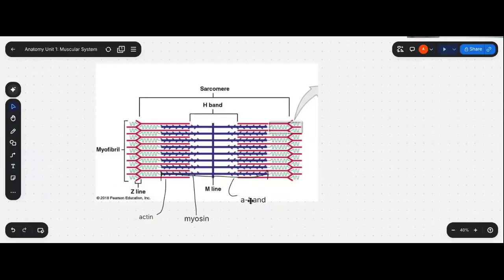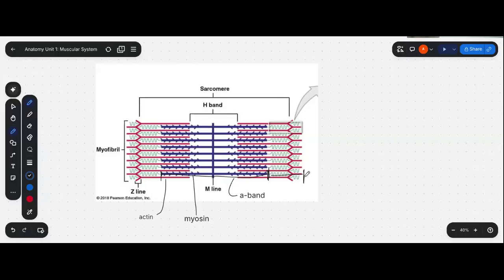Now, in retrospect, your I band is going to exclude all myosin. So your I band is going to start over here, and then it's going to keep going until you reach another myosin band.